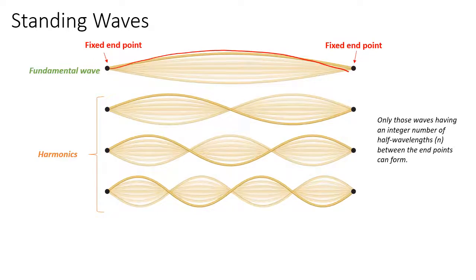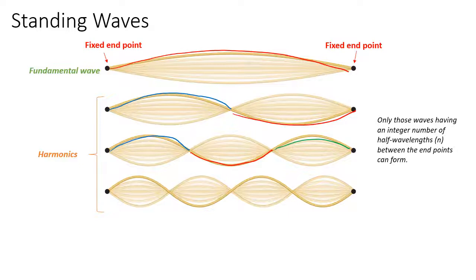Only those waves having an integer number of half wavelengths, or n, between the endpoints can form. So for example, the first fundamental wave could only have 1/2 of a wavelength form. In the first harmonic, we see 1/2 wavelength and a second half wavelength. In the second harmonic, there's 1/2 wavelength here, another half wavelength here, and a third half wavelength.